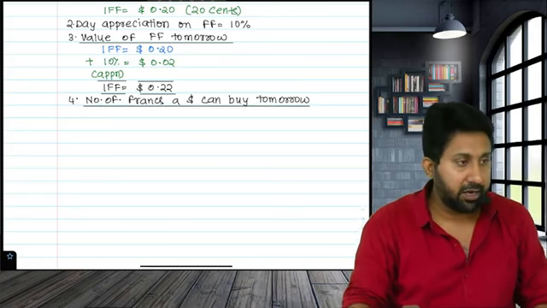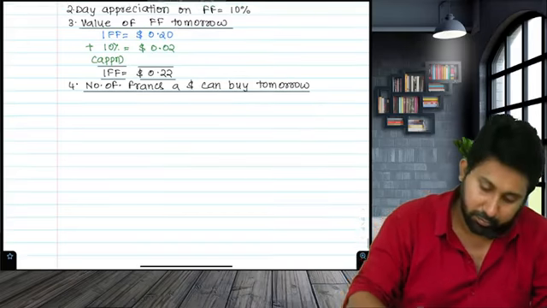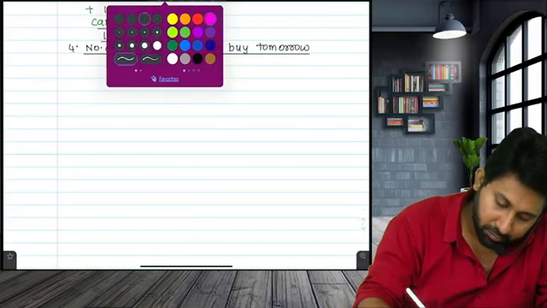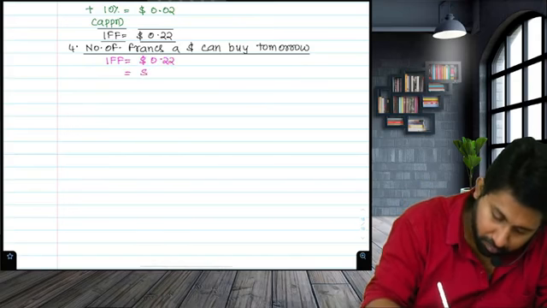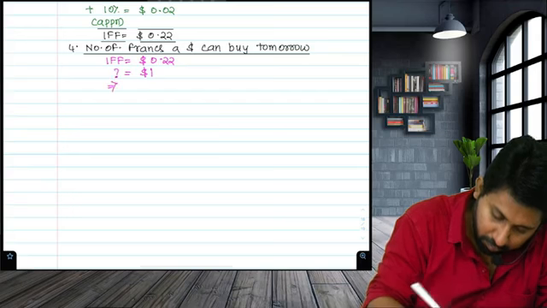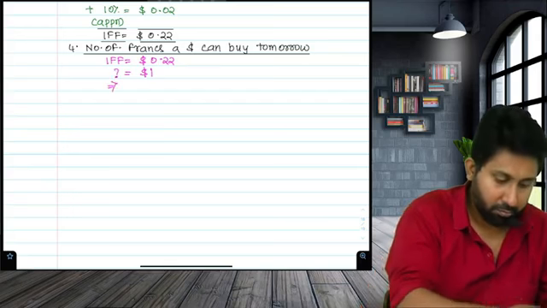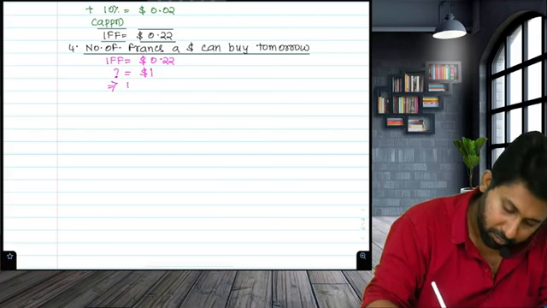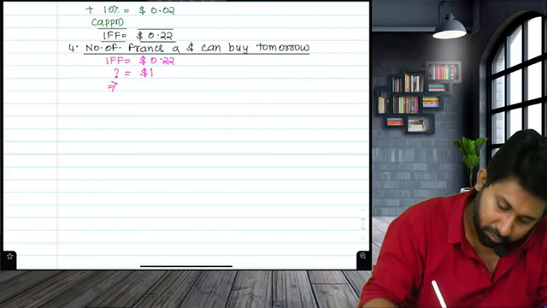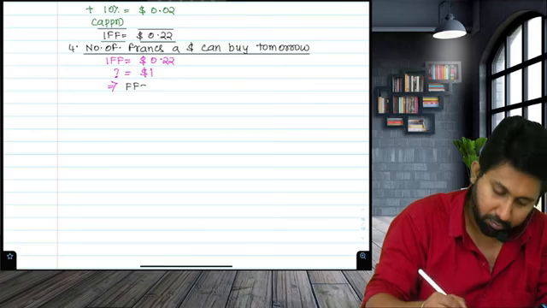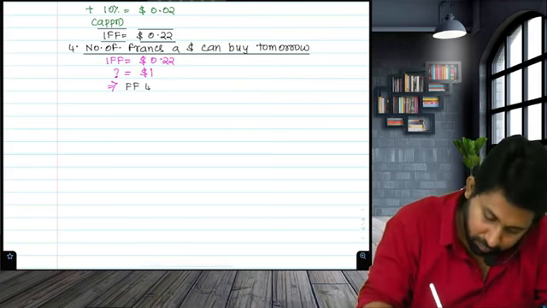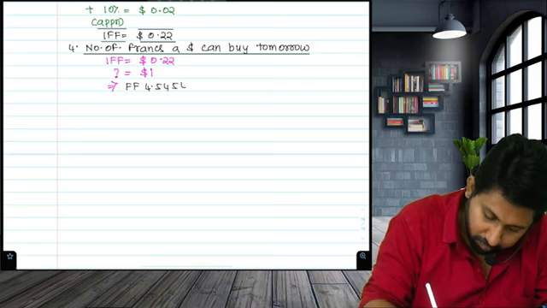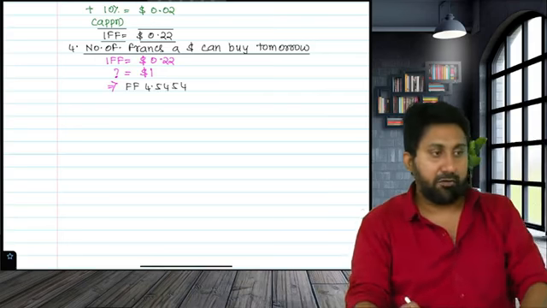Number of francs a dollar can buy tomorrow: 1 divided by 0.22, which is 4.5454.